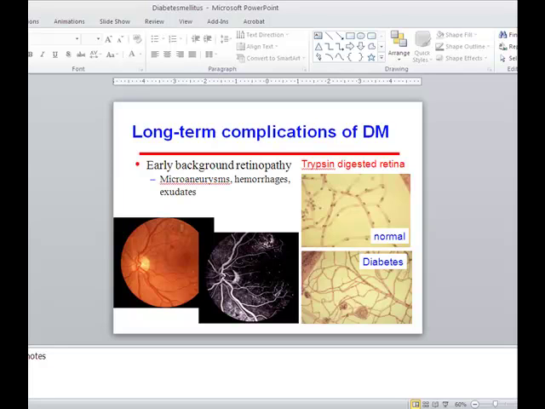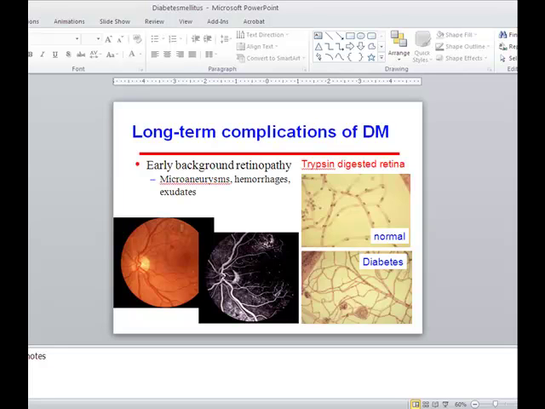Okay, and this slide is just showing you these microaneurysms, hemorrhages, and exudates in a normal fundus appearance. This is with fluorescein angiography, where a lot more of these microaneurysms, which normally you can't see in a regular fundus examination, are revealed. These numerous white dots, these microaneurysms, are all revealed by fluorescein angiography.